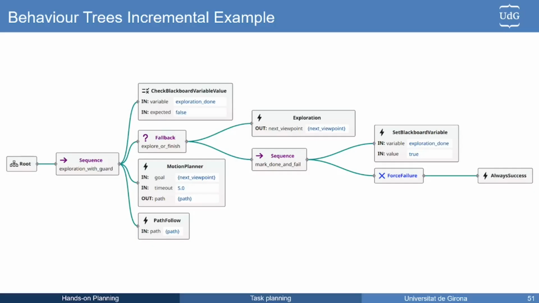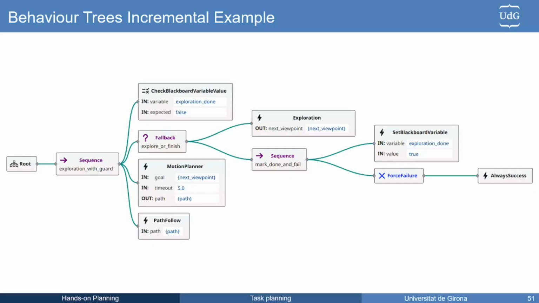Why do we want this? Because the nice thing will be that just at the beginning of everything, we have here a guard, that is what the second point tells us, that basically says, check Blackboard, exploration done. What we get from that, imagine, I take the root, I check that.